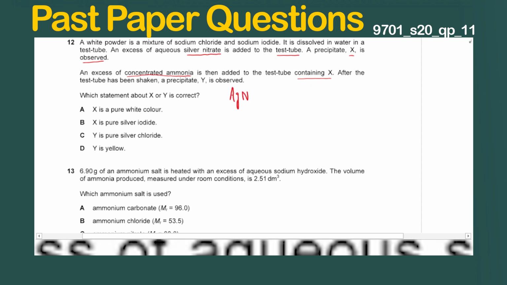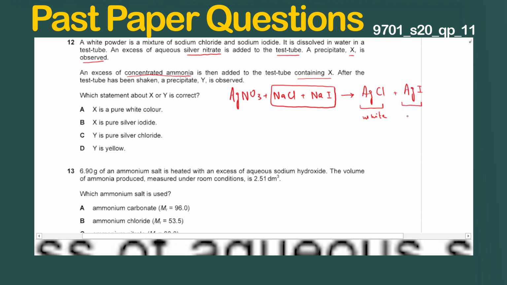Okay. So the question is related to the test for the halides. Let me write down the equation. We have silver nitrate, NaCl and NaI, a mixture of silver chloride and silver iodide.